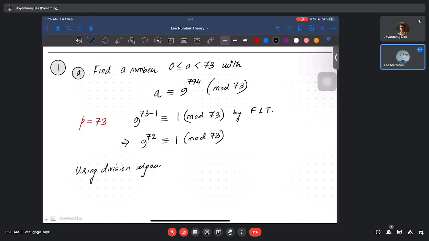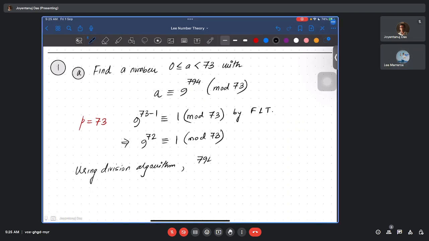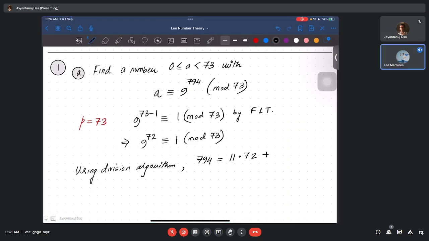Eleven is the quotient, right, and what is the remainder? So 11 times 72 plus 2. Right, so this is the thing.